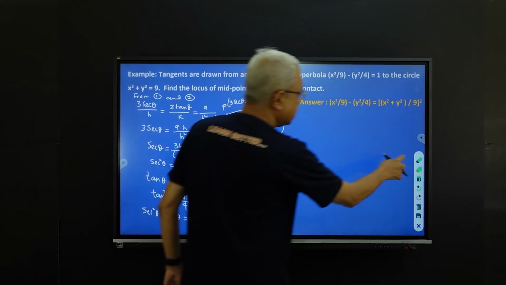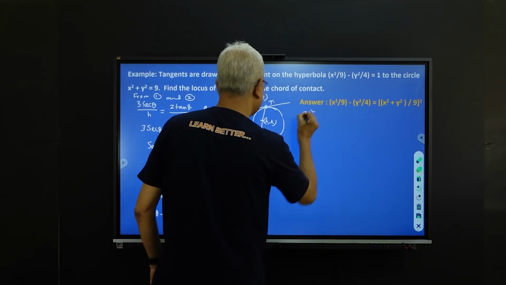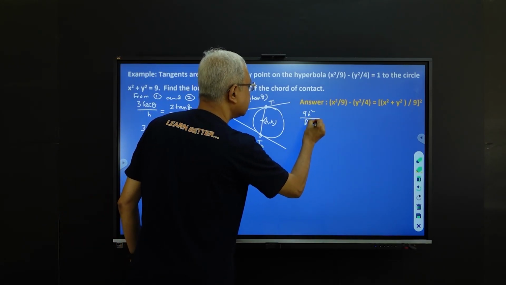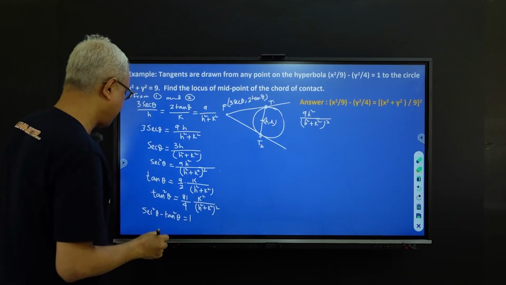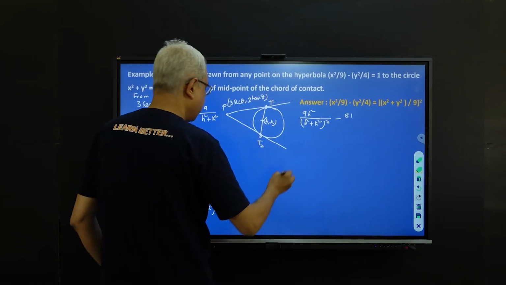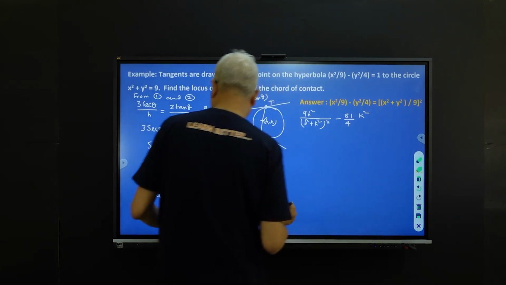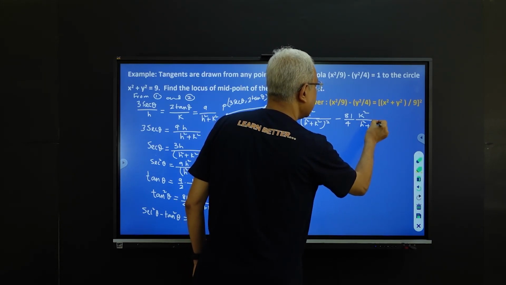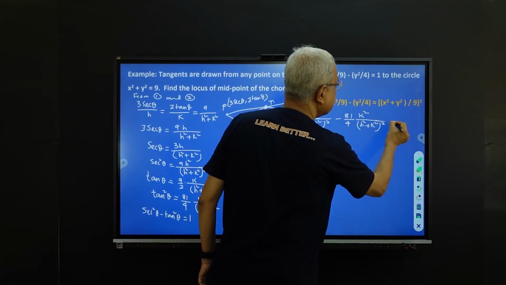So I can write 9h square by a square plus k square whole square minus 81 by 4 k square by a square plus k square whole square is equal to 1. I can write like this.